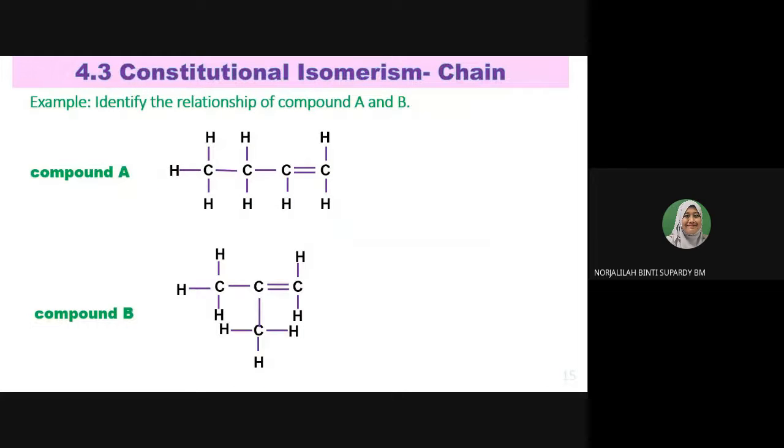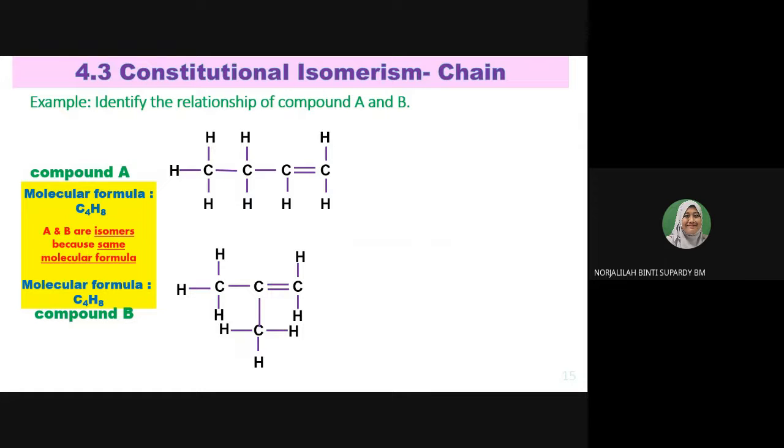So this is the example of structure A and structure B. When we check the structure, we will notice that structure A and structure B both consist of 4 carbon atoms and 8 hydrogen atoms, but a different attachment of the atoms, how the atoms are bonded to each other.